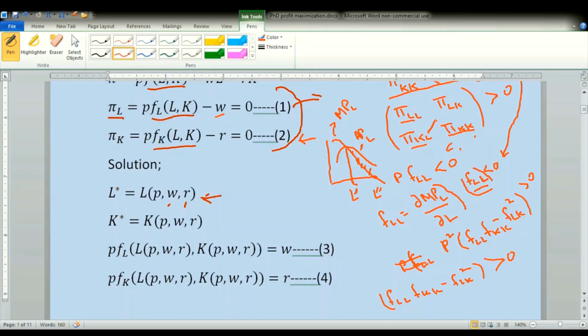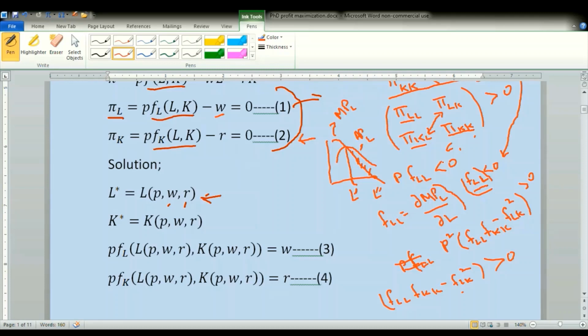So these two terms are symmetric because of Young's theorem, and so I can say that this is equal to pi KL squared or FLK squared. So the second order conditions are FLL less than 0, FKK less than 0, and FLL FKK minus FLK squared greater than 0.